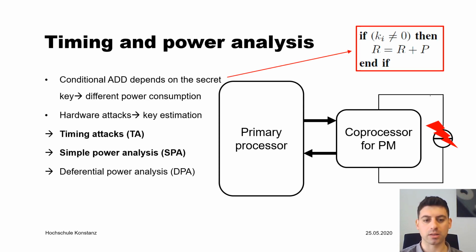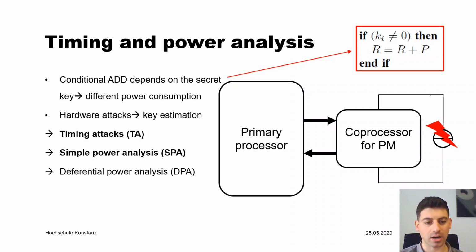Now, depending on the current bit of the key, the point addition may be calculated in the actual point multiplication iteration or not. Hence, an attacker can estimate the current bit of the key by measuring the power consumption of the coprocessor over time.